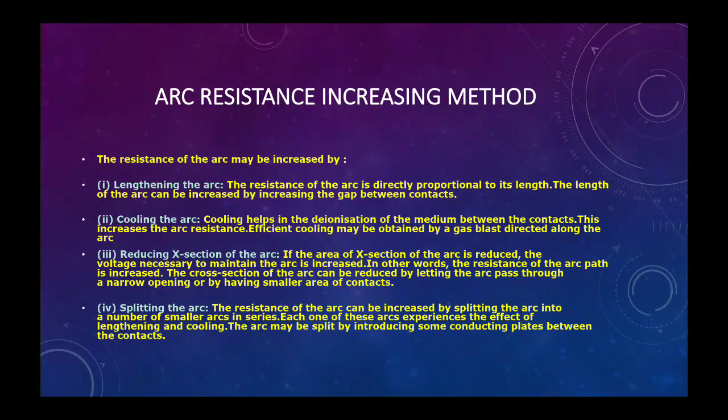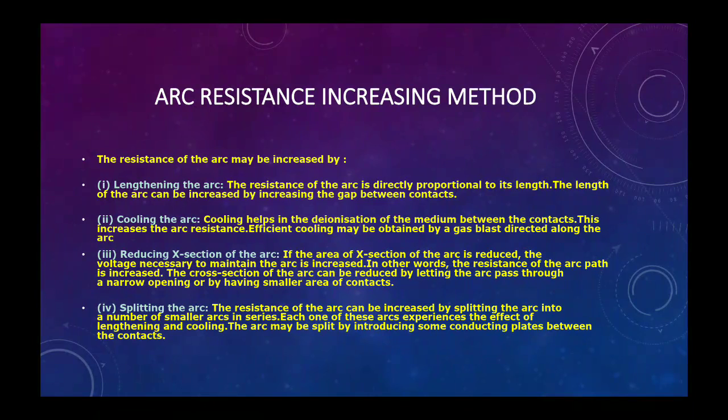And number 4, splitting the arc. The resistance of the arc can be increased by splitting the arc into many parts. If we split the arc into a number of smaller arcs in series, each one of these arcs experiences the effect of lengthening and cooling.